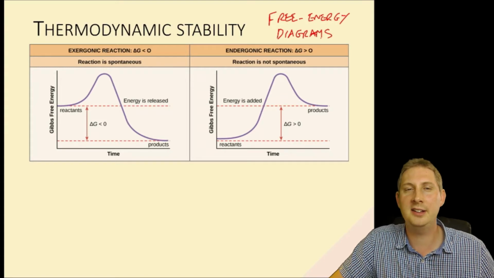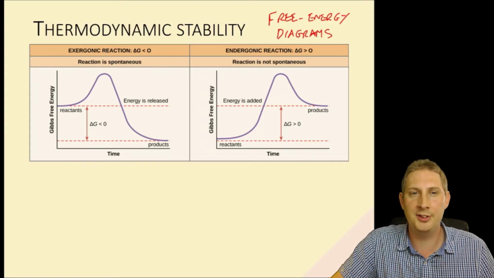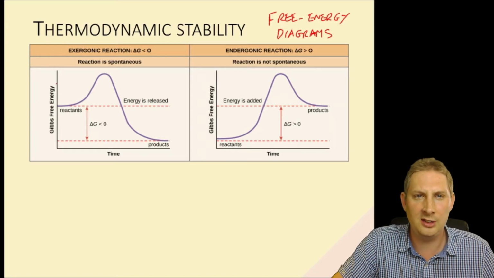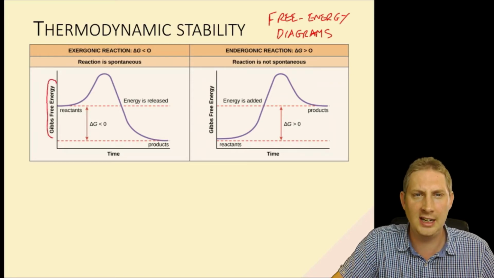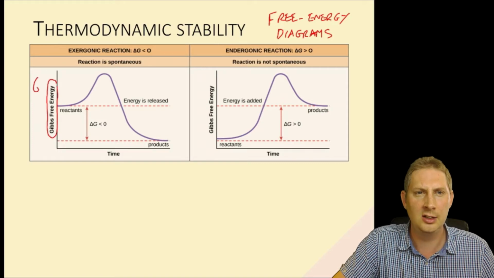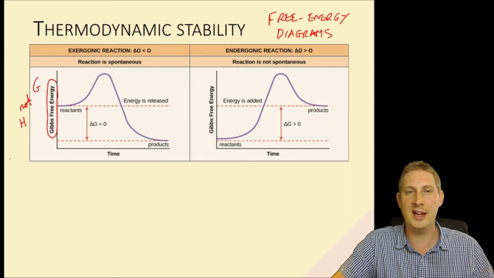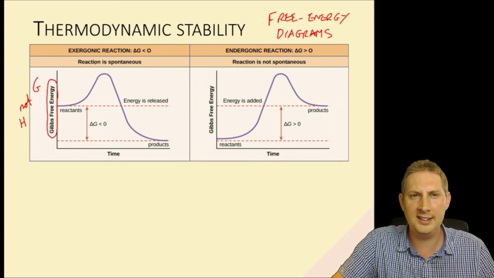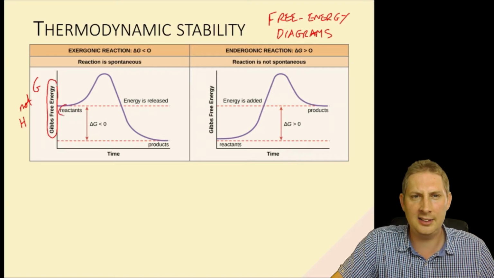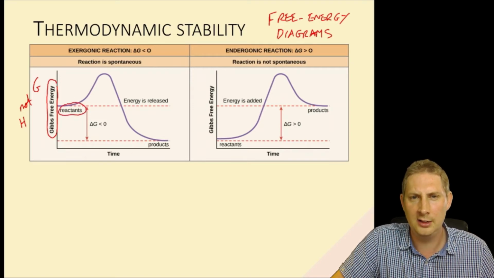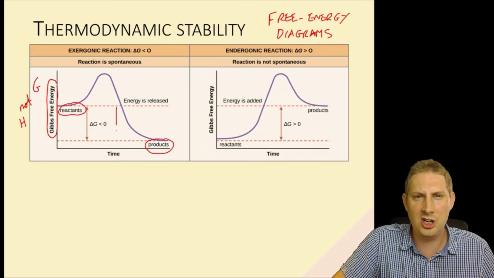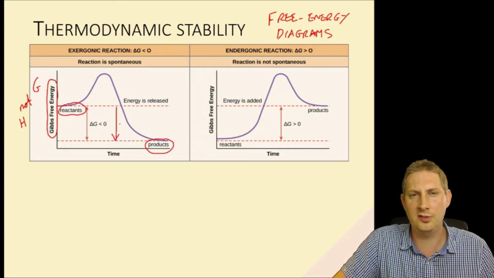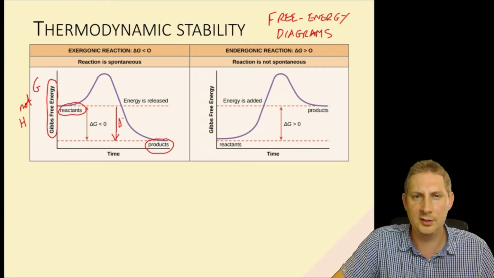They're very similar to the diagrams that you're used to. The difference is we are plotting Gibbs free energy here, G, instead of H. So we're plotting free energy instead of H, but the idea is still the same. We can see here, if the reactants are higher in free energy than the products, then delta G, the change in free energy, is negative.